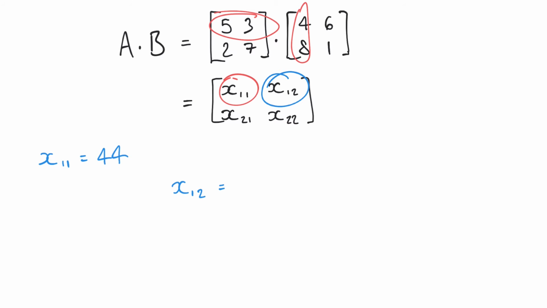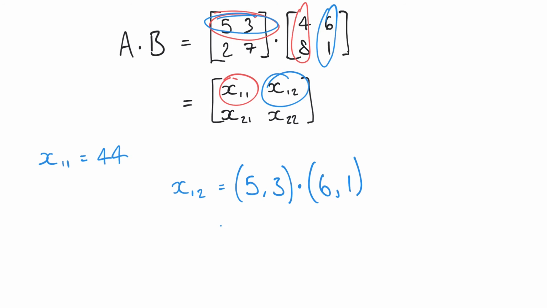Applying the same method, we're again going to take the first row from our first matrix, 5 and 3, but we're going to take the second column from our second matrix, which is 6 and 1. We can write them out like this: x12 is the dot product of 5 and 3 and 6 and 1.